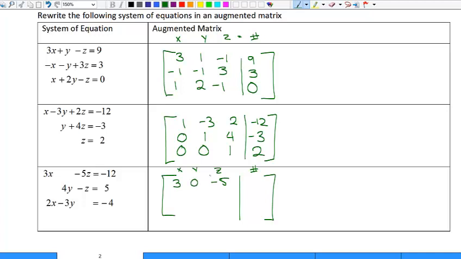That means a 0 for the y, equals negative 12. On the second equation, there isn't an x, so I put a 0 there. 4 for the y, negative 1 for the z, and then 5 for the number. And then 2, negative 3, 0, negative 4 for the last one. Anytime you don't have a variable, you plug in a 0, making sure that you keep those columns nice and neat.